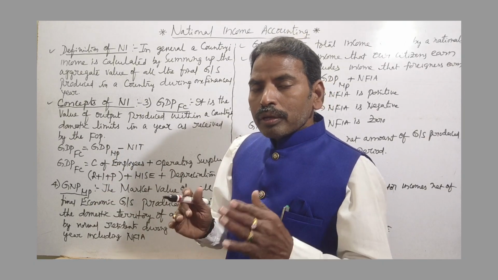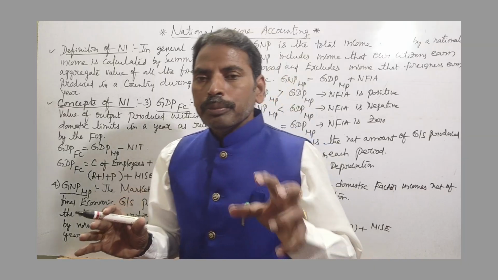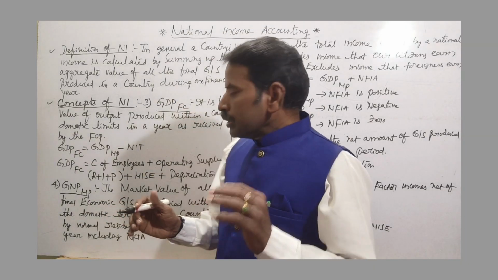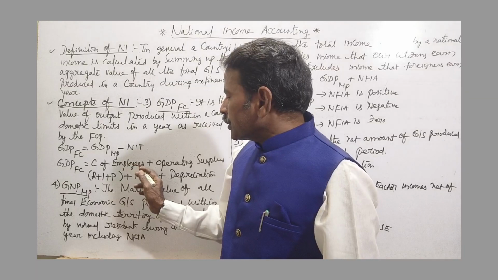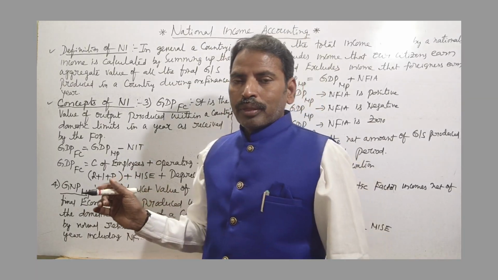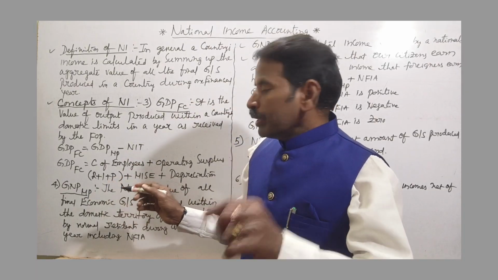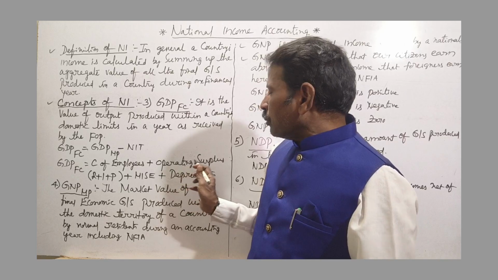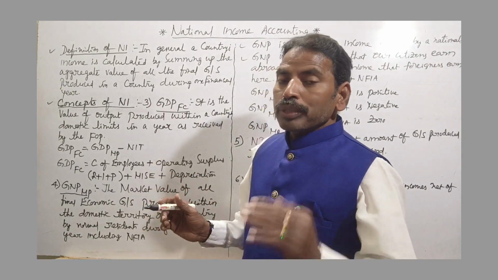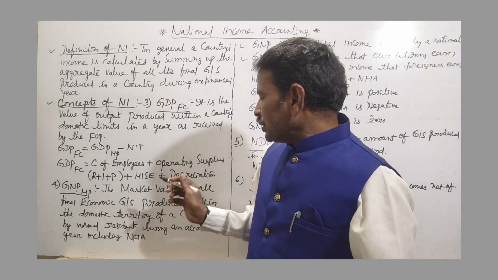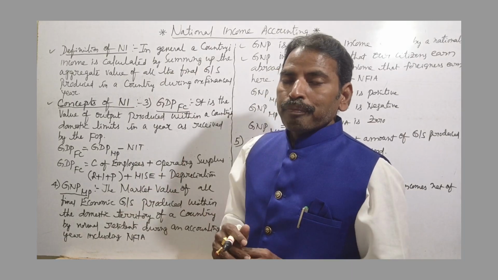Another formula to calculate GDP factor cost: GDP factor cost is equal to compensation of employees plus operating surplus plus mixed income of the self-employed plus depreciation.